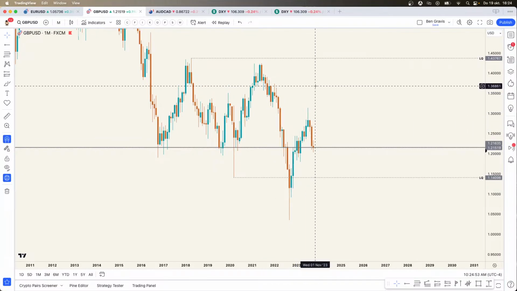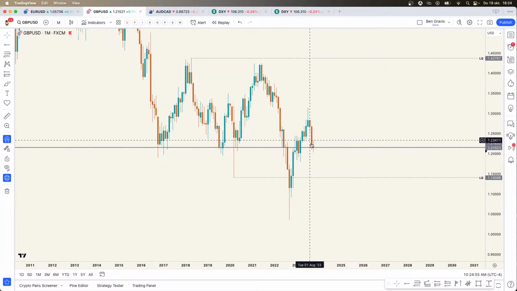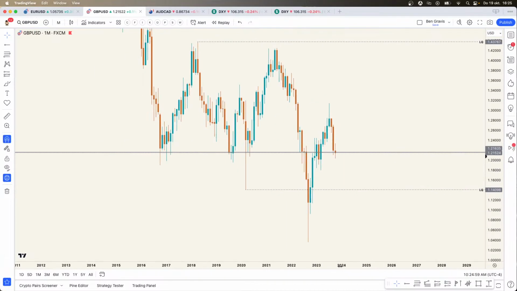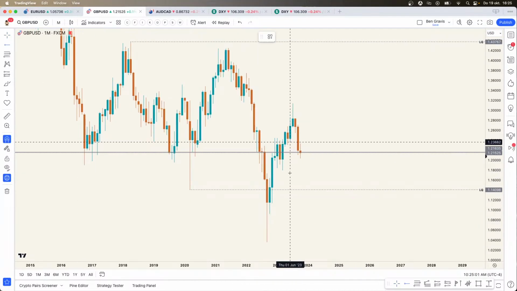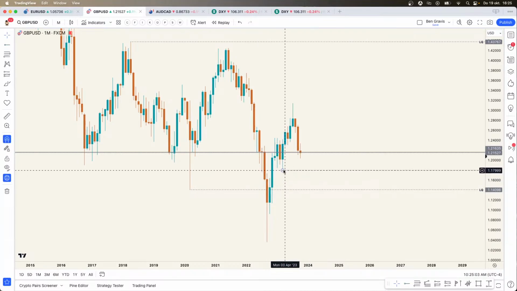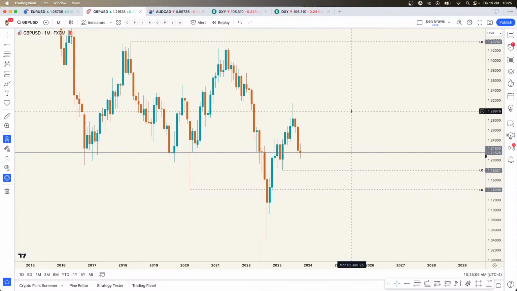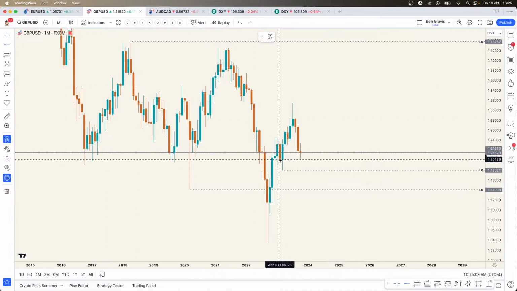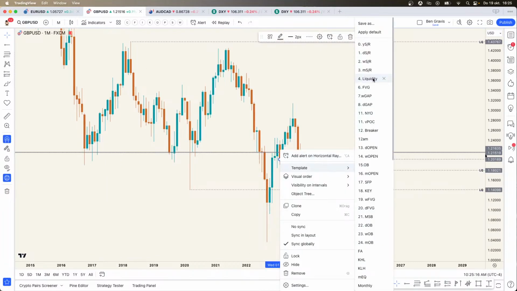It failed to move higher, so we target the root of this move, which is actually still a bit lower. Although I don't think that the market will fall to that level, but we have this monthly support here, and that's where the liquidity is at.